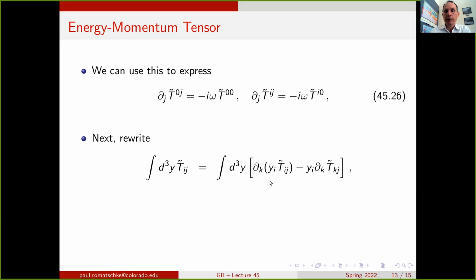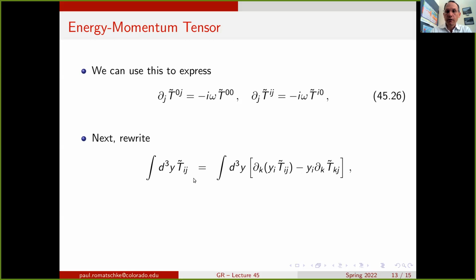So here in brackets, I've written down the derivative with respect to xk of yi tij minus yi, the derivative of just tkj. And you can quickly use the chain rule to verify that this indeed gives back our original tensor tij.